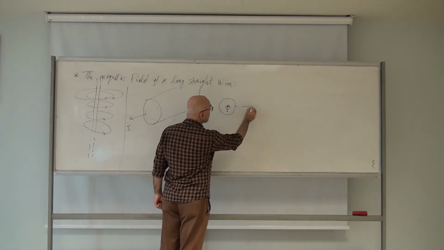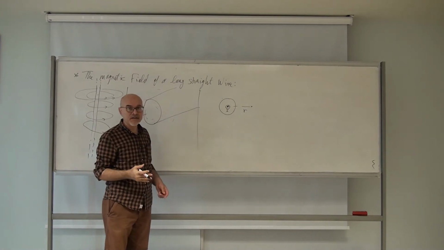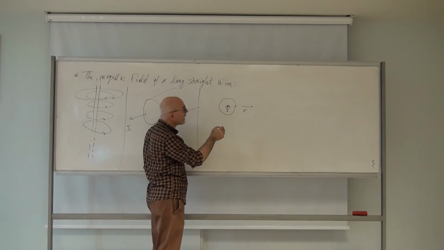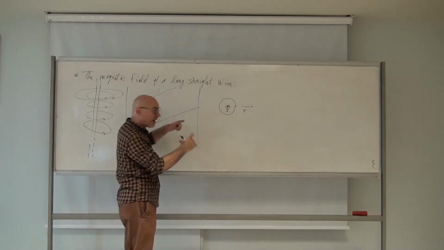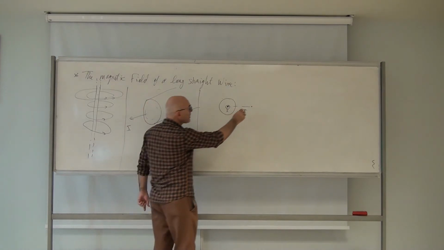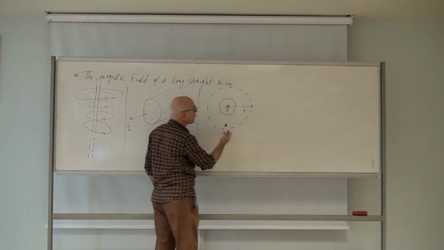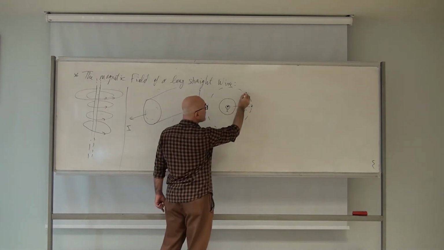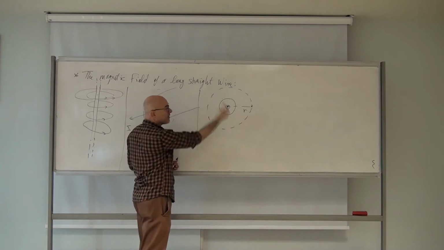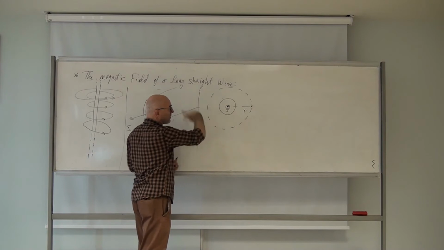I'm requested to find the magnetic field at a distance r from the center of the wire. I know that the magnetic field lines are concentric circles, and there will be a circle passing through this point, with the magnetic field lines in this direction. So the arrow will be in this direction. So that's how it will go.